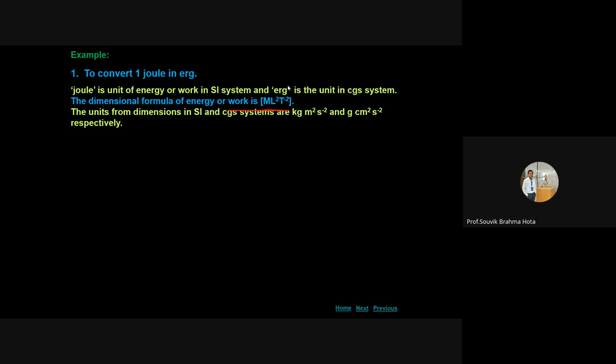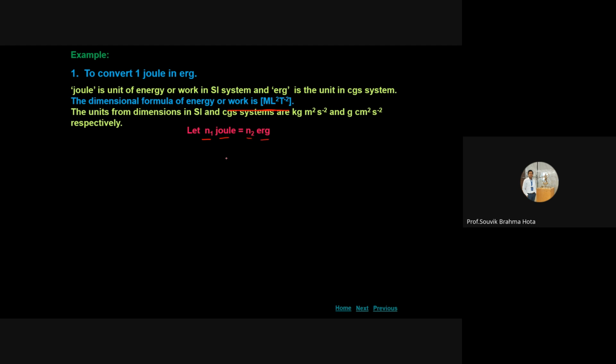The units from the dimensions in SI and CGS systems are kg meter square second to the power minus 2, and gram centimeter square second to the power minus 2. Now let N1 be the magnitude. N1 joule is equal to N2 erg.